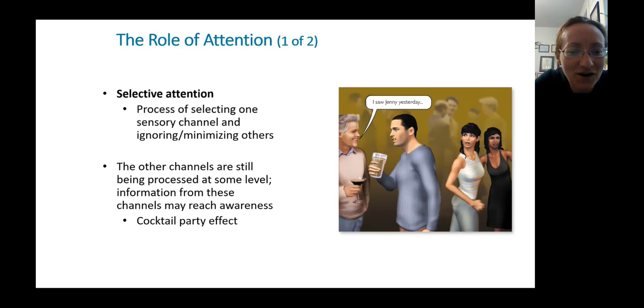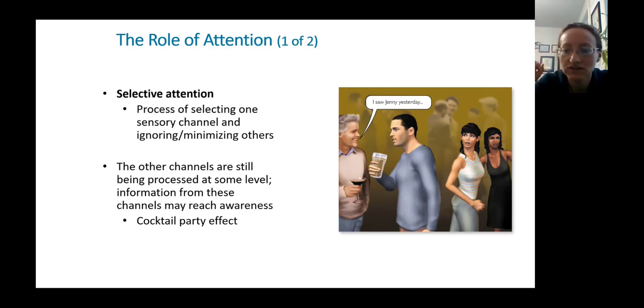All right. So your focused attention is very narrow and very focused. And so in order for you to focus on one thing, you have to tune out a whole lot of other things. And yet that information is still coming into you.